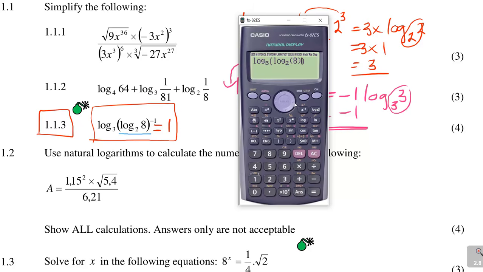I think the power is supposed to be there, to the power negative 1. You see, I put it on the outside, but if I put it on the inside, it's negative 1. Do you see how you need to be sensitive, because the calculator just opens its own bracket. If I put it here and say to the power negative 1, I'm still getting a 1, but let me play back here and just put it inside, to the power negative 1. See, you just have to be sensitive with the way the calculator does it.